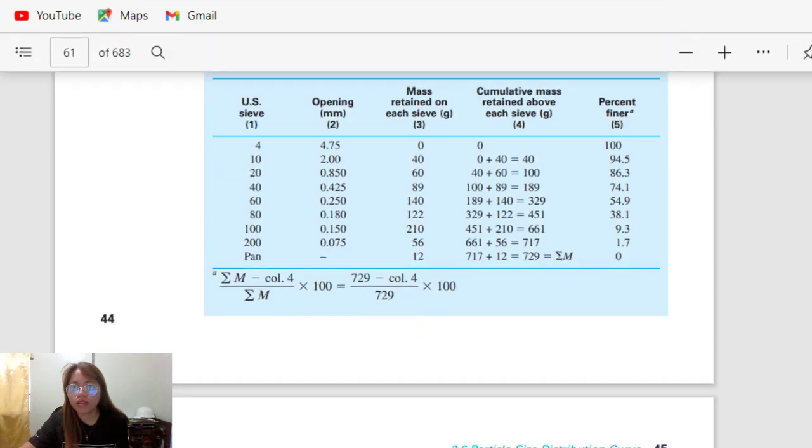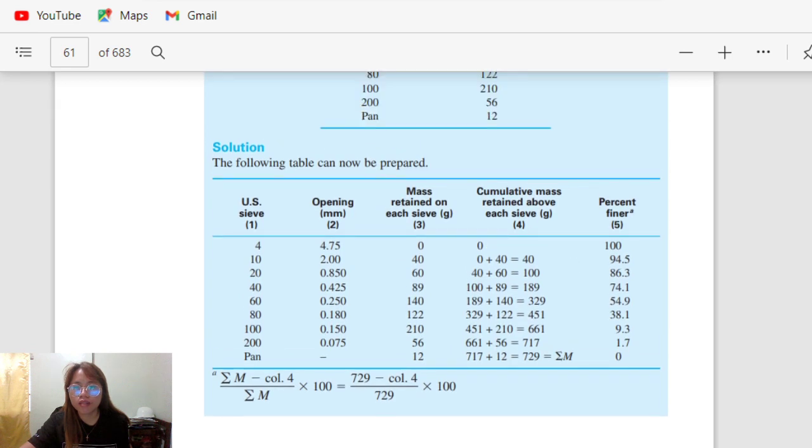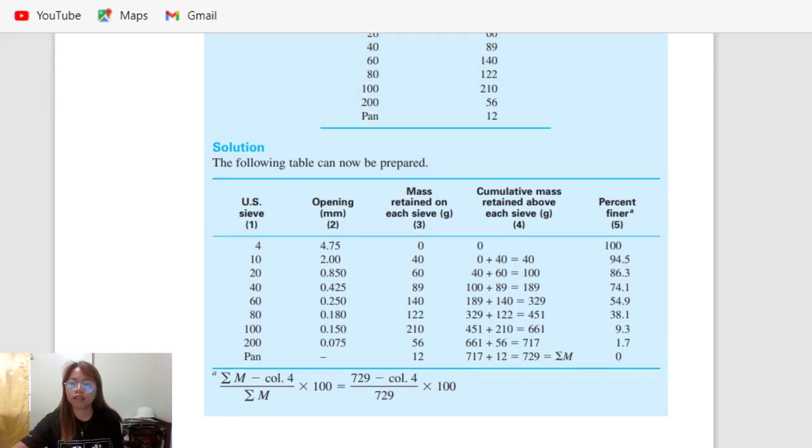For the US sieve, the opening is already available, as we discussed in previous slides: for the number 4 sieve, 4.75; for the number 10 sieve, 2 millimeter; and until the number 200 sieve, that is 0.075 millimeter.